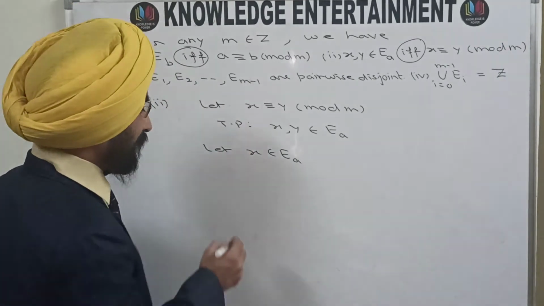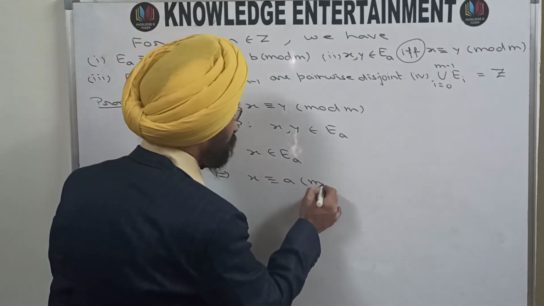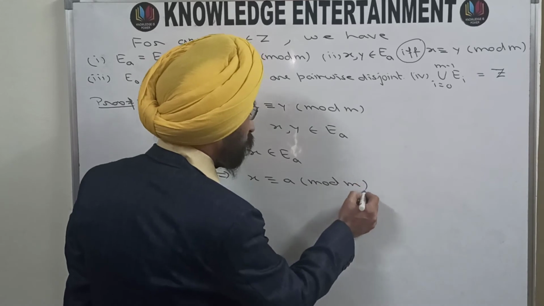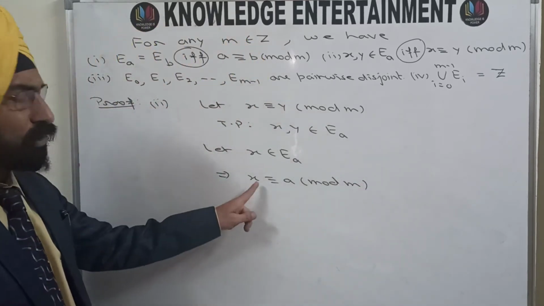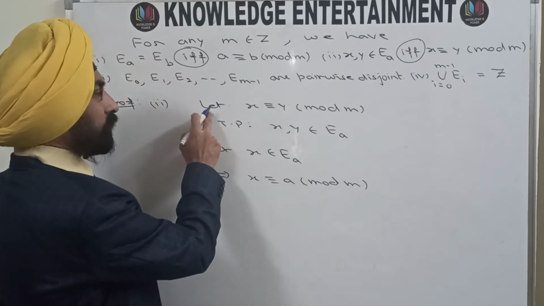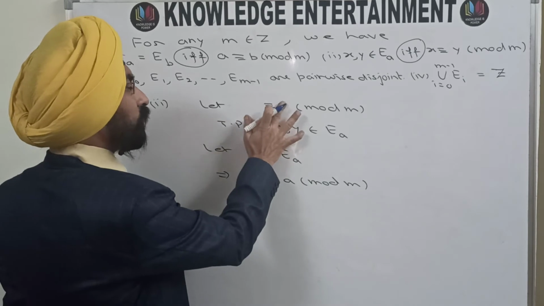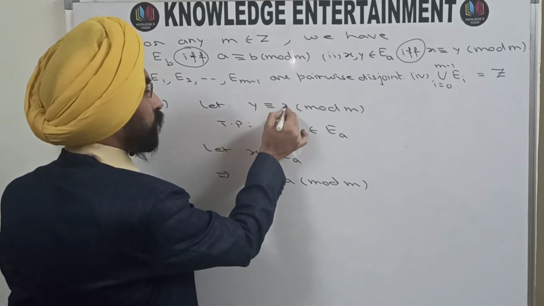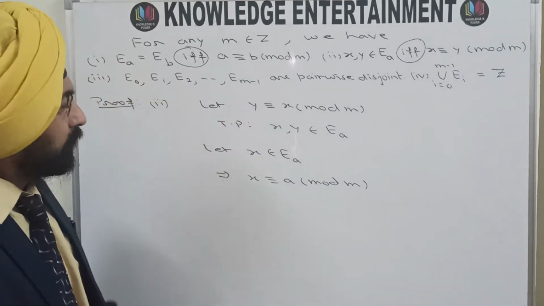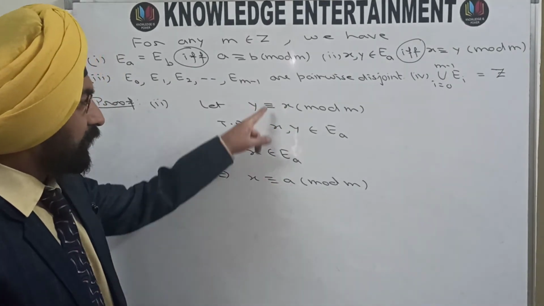X belongs to EA means x is congruent to A mod m by the definition of residue classes. Whatever is given is that x is congruent to y, so you can say y is congruent to x by using symmetry of the property. Y is congruent to x and x is congruent to A, and use transitivity on these two.